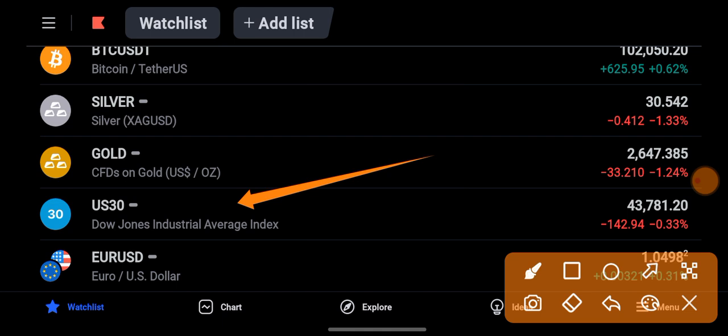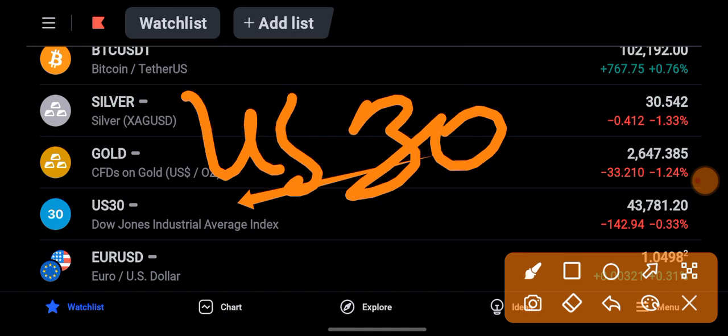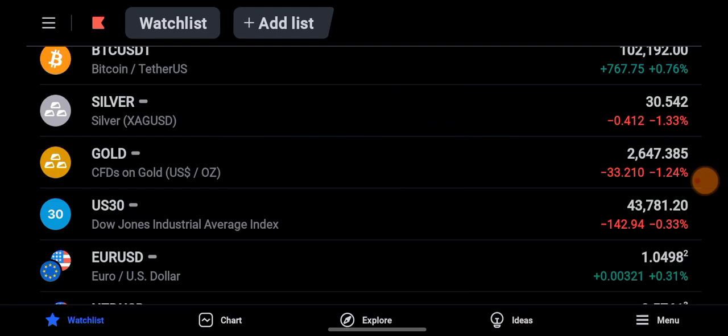It is the combination of 30 industries in the US, and they strike an average of their stocks, which is put into one specific instrument, and that's the US 30.